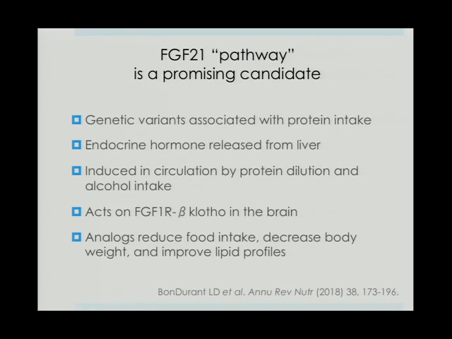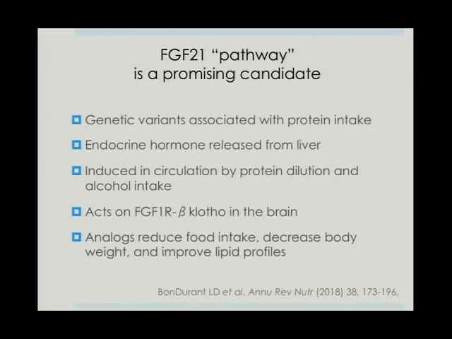The reason I think that is that the genetic variants in FGF21 are associated with protein intake. This endocrine hormone is released from the liver. It's induced in the circulation by protein dilution, so if you have a diet that's very low in protein, and alcohol intake. And it acts on the FGF1 receptor, beta-klotho co-receptor in the brain.